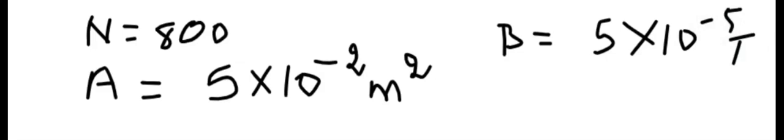So these are the given data. Now we know phi 1 is equal to BA cos theta.